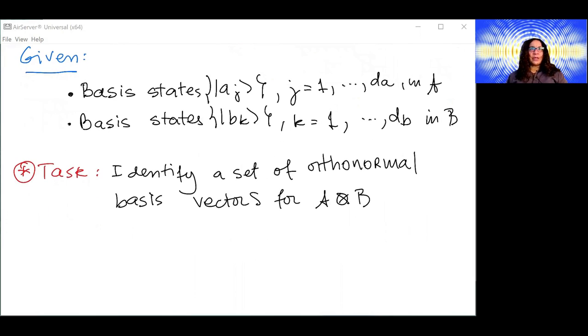So let's have a look. And how do we do it?